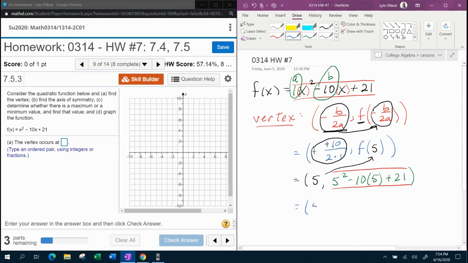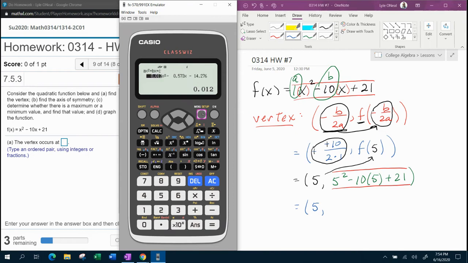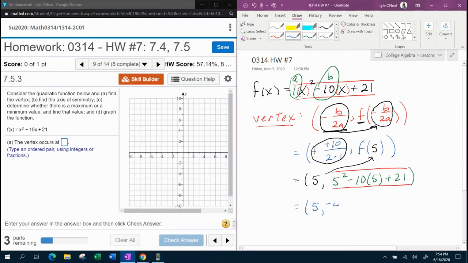So here we have the vertex is going to be 5 comma, and then I'm going to use my handy dandy calculator to calculate the y coordinate of the vertex. So that's 5 squared minus 10 times 5 plus 21, and that's negative 4. So the y coordinate of the vertex is negative 4. And now I can put a box around that because that is the vertex, okay?